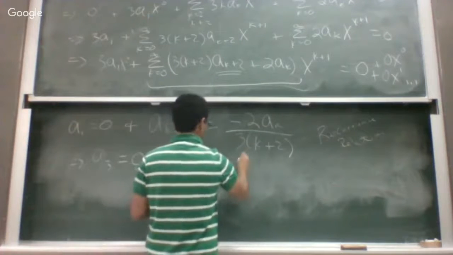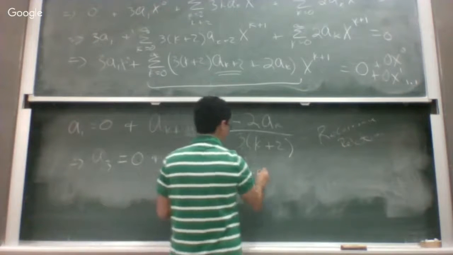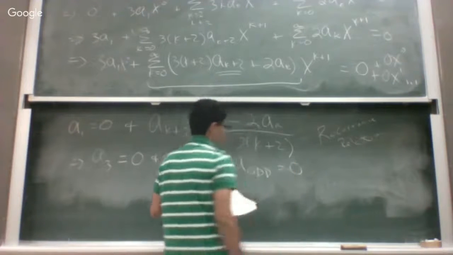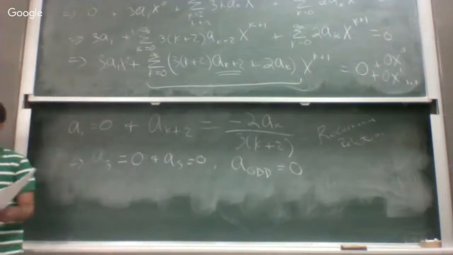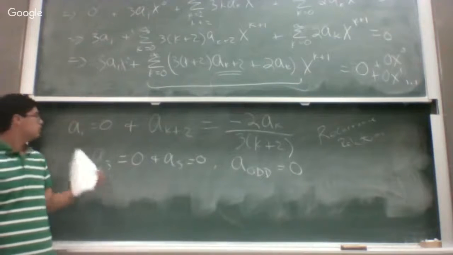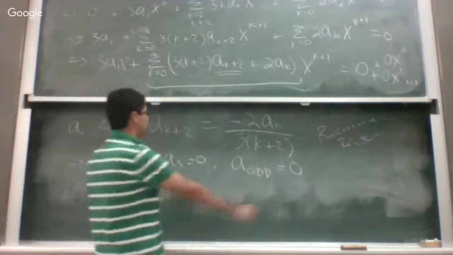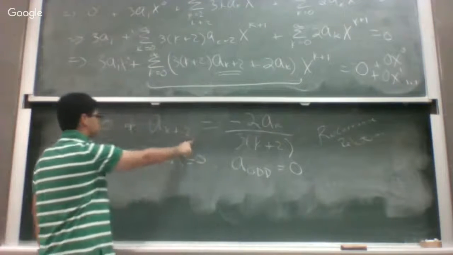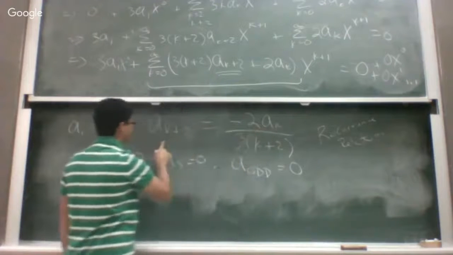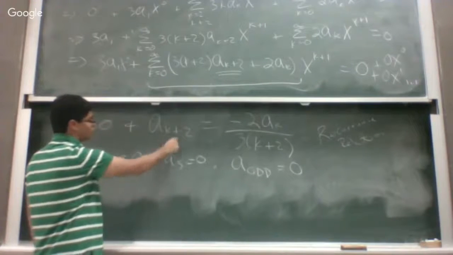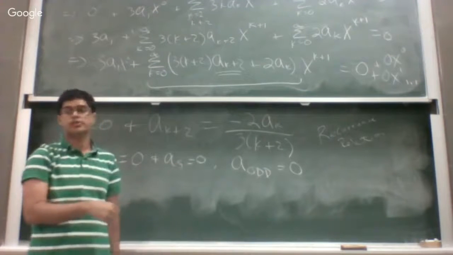So dot dot dot, any a sub odd would be equal to 0. Does that make sense? Since a sub 1 is equal to 0 and we plugged in to find a sub 3, we get that equal to 0. If we plugged in a sub 3 here to get a sub 5, that's going to equal 0.